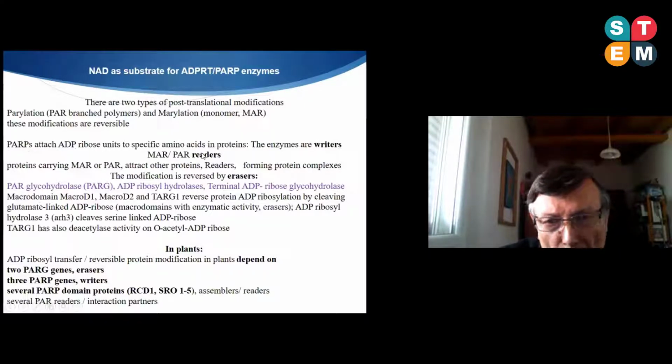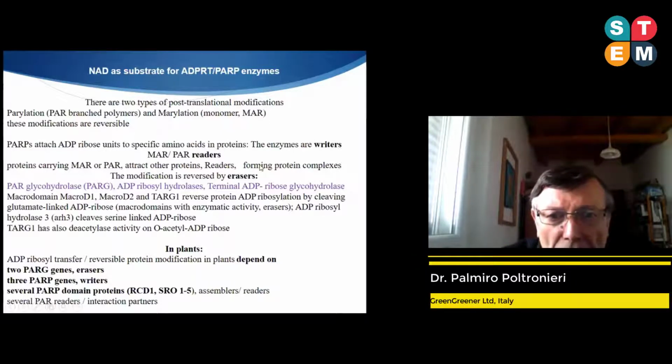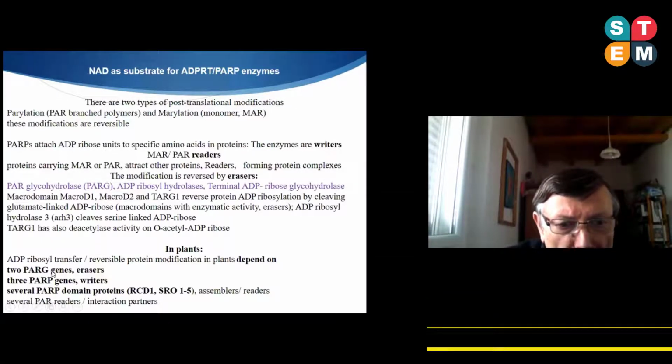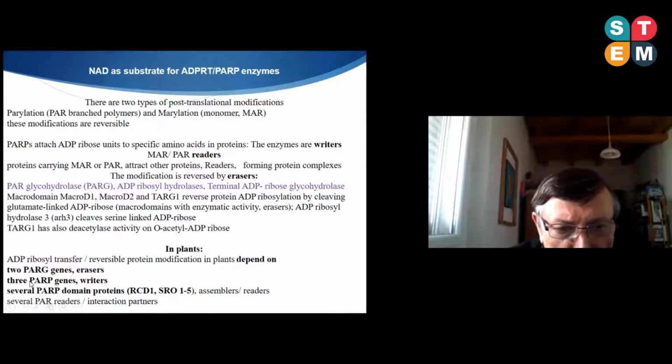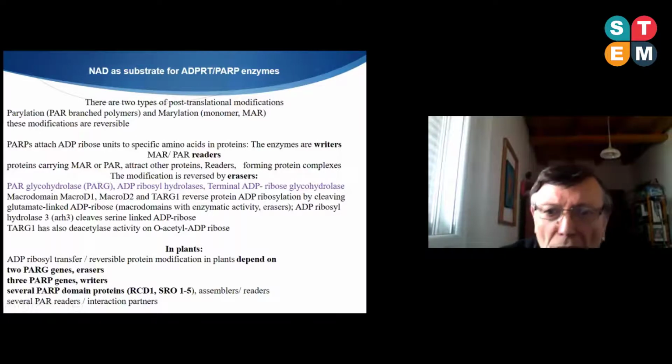These are proteins with domains that recognize ADP-ribose modifications and are involved in forming protein complexes. In plants, we have 2 glycohydrolase genes, 3 PARP genes, but also we have PARP domain proteins, and I will show you what their function is.